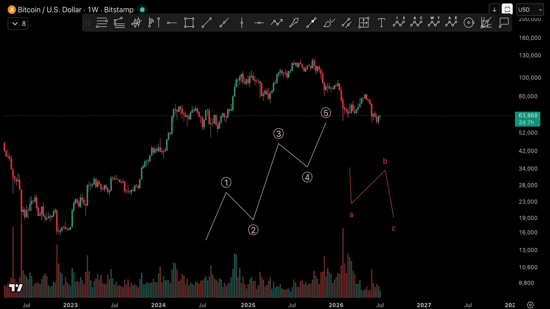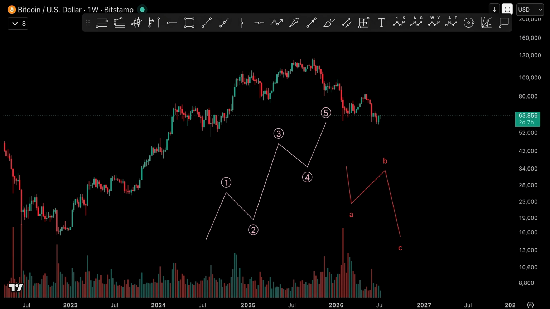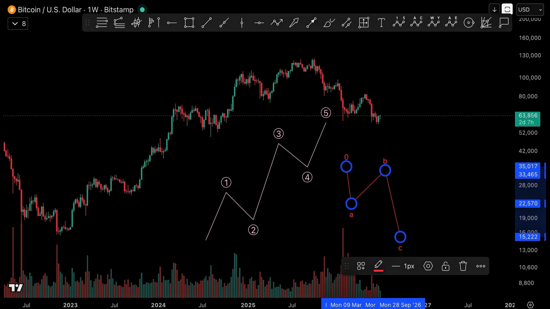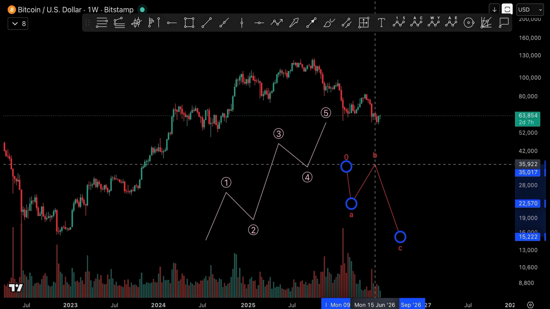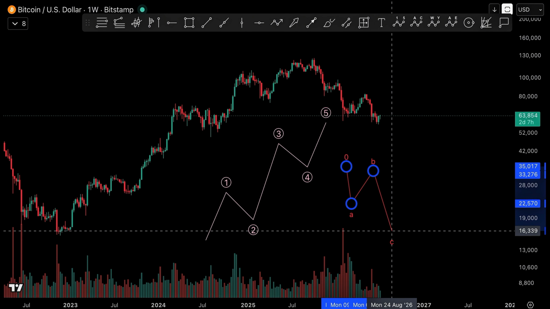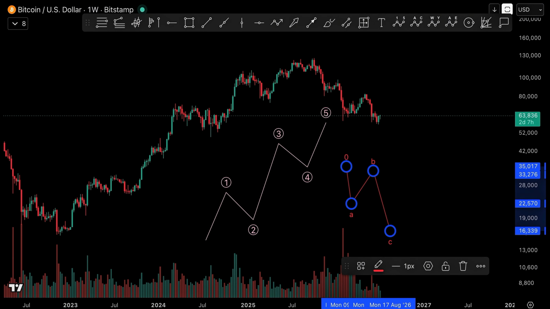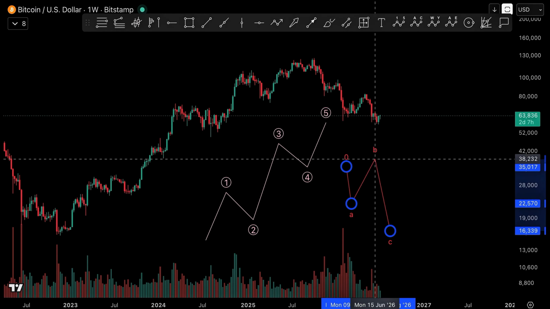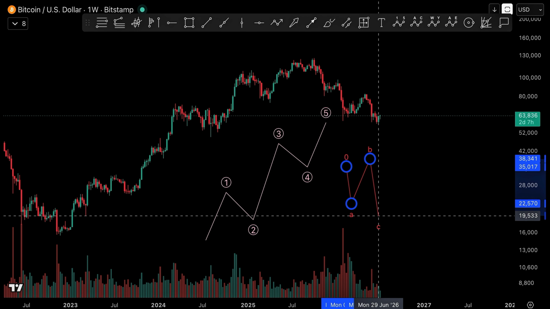In ABC correction, there is the flat correction. These are the normal corrections, where it begins with this first A move, and then the B move can go slightly higher, or usually a little bit lower. And then after that, we get the extended C wave move. And then comes the extended flat correction, where A is the same size, and B goes higher than the beginning of the A move, and this C extends as well.